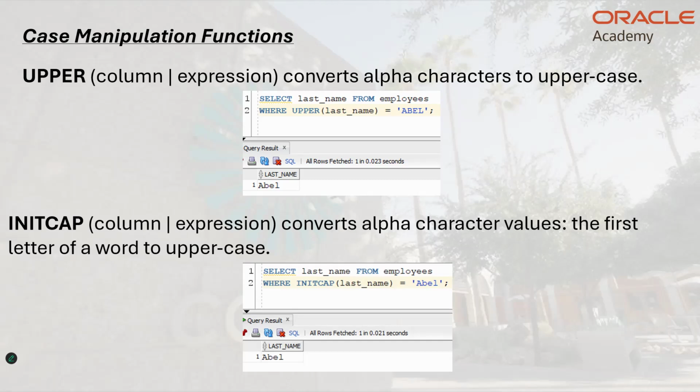So in this case, if you're sure this function will apply to what's in your table, it's another way to ensure that the data returned is valid for what you're looking for. And just remember, the one key here is that these case manipulation functions do not change the value that's in the table. It's just another way to ensure that you get the correct data returned.